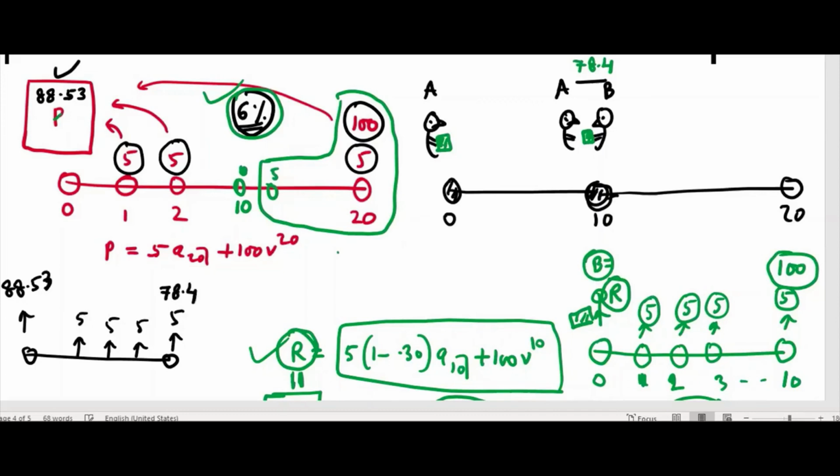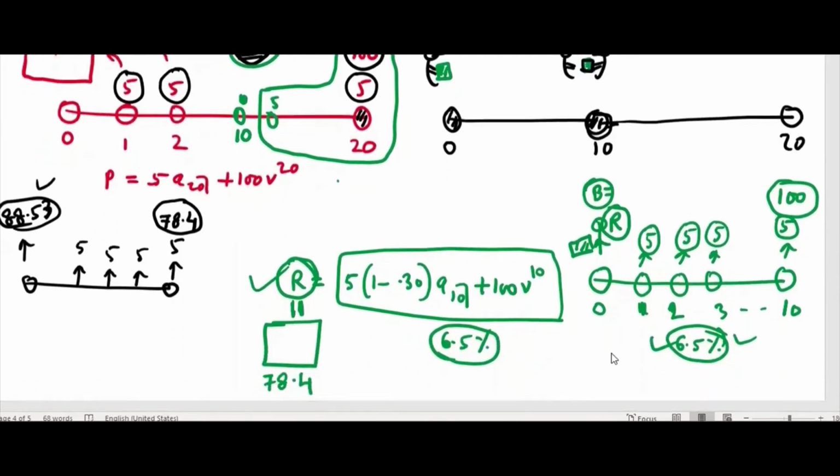You will not take 100 here, because that is the final one. After 20 years only that can be redeemed, and the company will give it to whoever holds this paper. So that 100 will not be included here. A's redemption price is this one, because this is the price he paid to purchase, and these are the payments he got for 10 years.